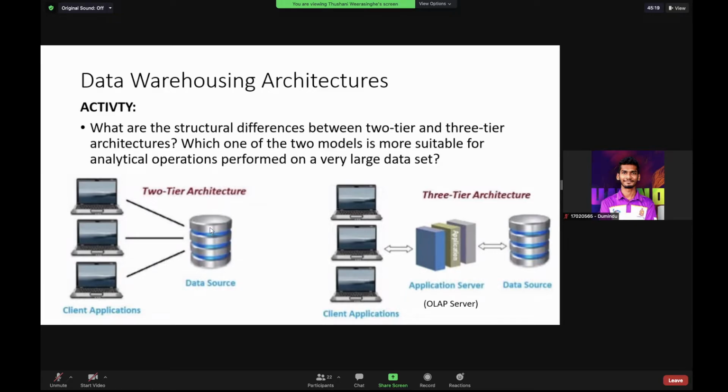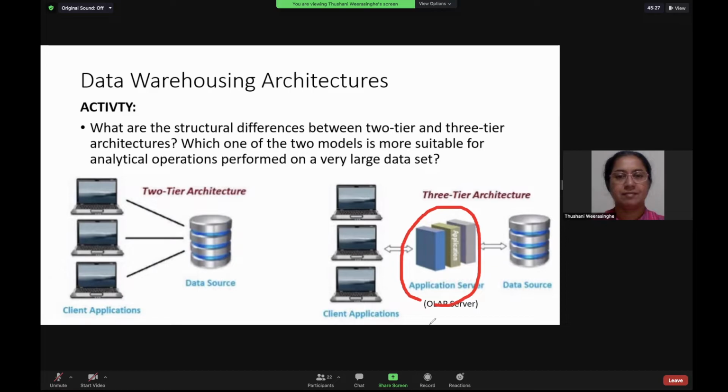Thank you. Now you have to refer to the middle tier and explain its importance. Yes, security is one aspect.